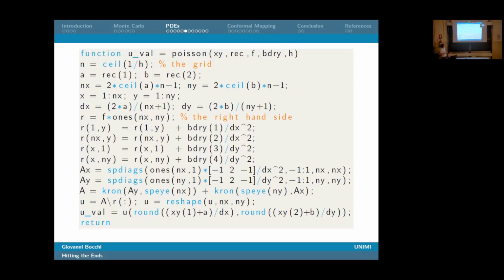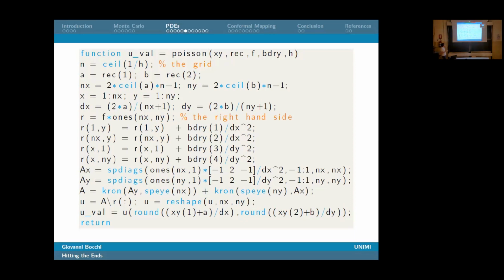By making this little combination of the 2, we obtain the matrix A that we need for the problem. Then we simply solve in a really lazy way the linear system with the backslash command of MATLAB, and so we obtain our solution.